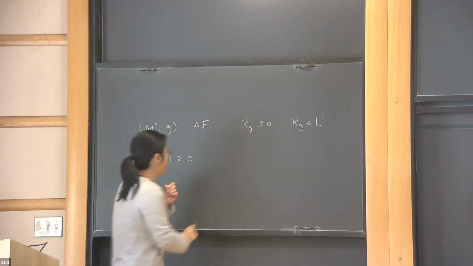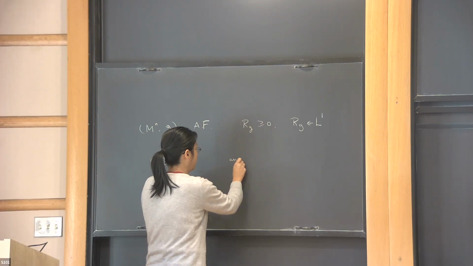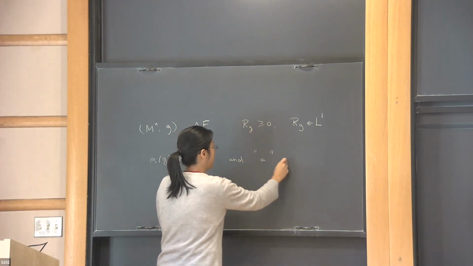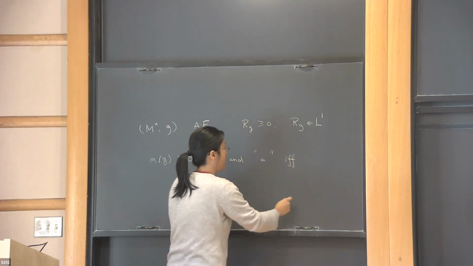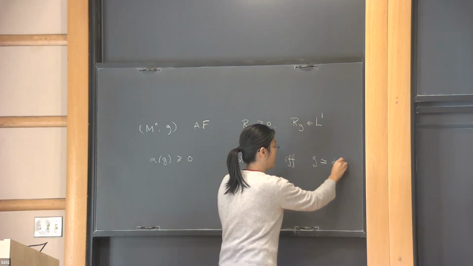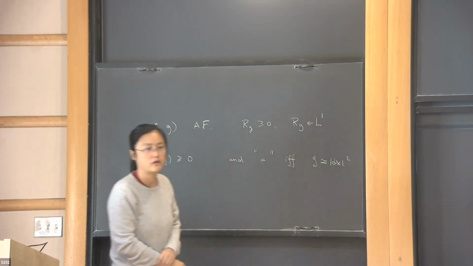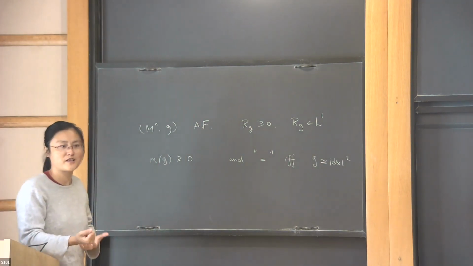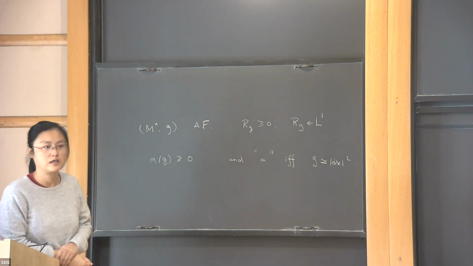And it is equal to 0 if and only if the metric is Euclidean. Right. So it gives the converse statement of what you just mentioned.